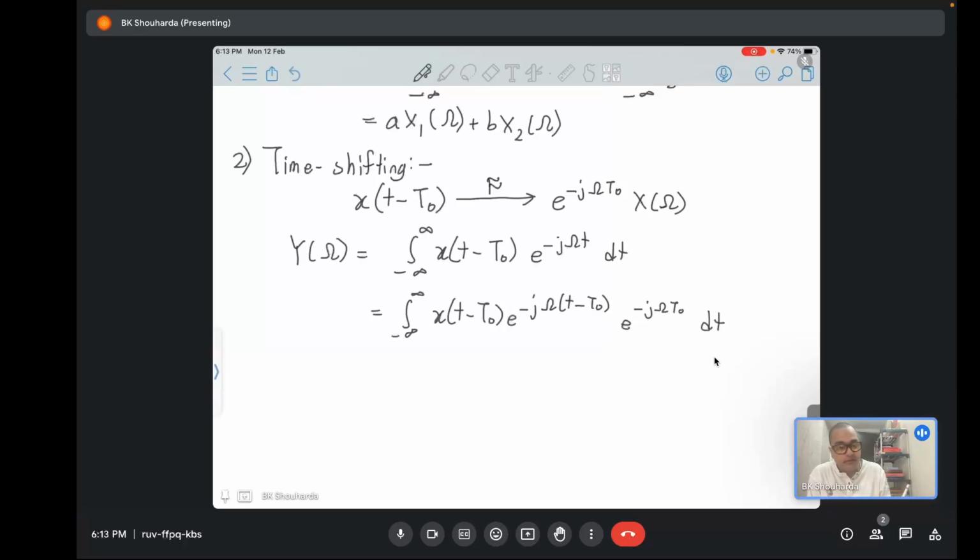Now the variable term over here is t, so we can take this exponential out and use z as t minus t naught. Subtracting t naught, a constant, means the differential dt remains the same.